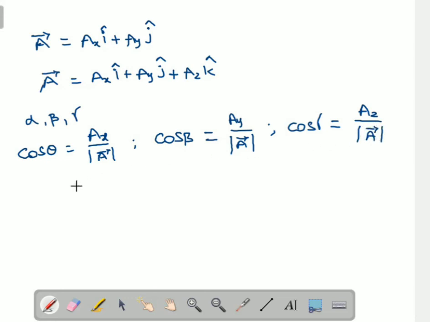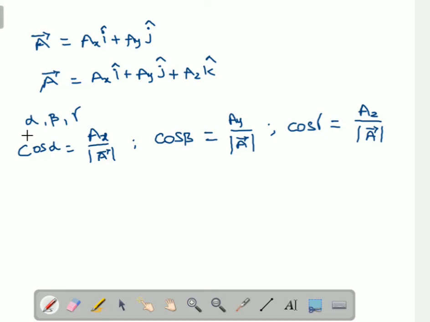Sorry, here we have to write cos alpha, not theta. Previously we took theta, but here it should be alpha. So we have got cos alpha, cos beta and cos gamma.